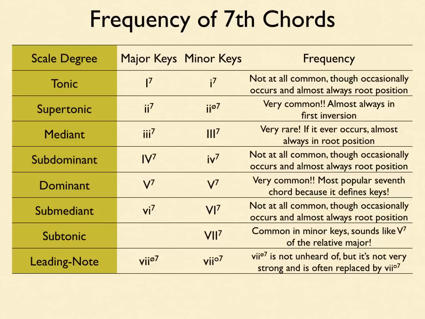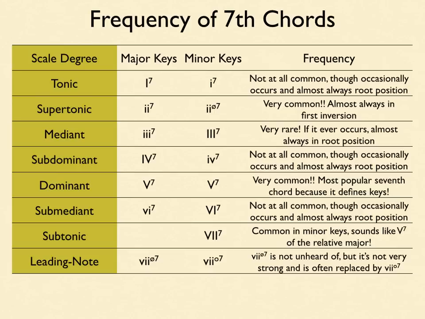The leading note chord with a 7th above it, as you can see, is different depending on whether you're in a major key or a minor key. It's half diminished, the leading note 7th chord, in major keys, and it's fully diminished, the leading note 7th chord, in minor keys. So although the leading note half diminished 7th chord is not unheard of, it's not as strong, and it's often replaced by the leading note fully diminished 7th chord.